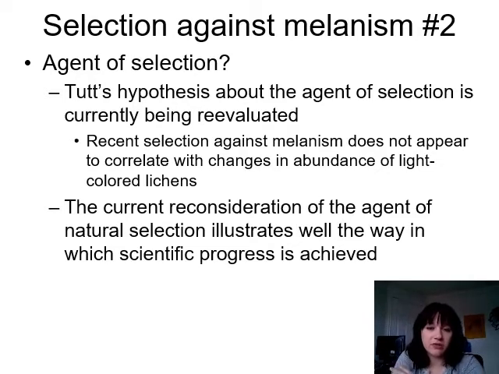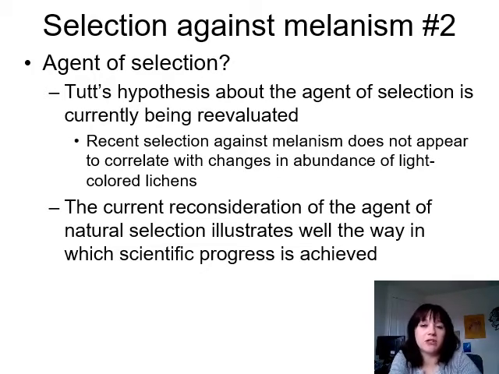So they've tried doing experiments with predators, looking to see if the light colored moths get eaten more than the dark and things like that, and they haven't been able to prove that. So there is still a connection. For some reason, in polluted areas, having a darker color is beneficial, but the reason why is not quite yet known. And this really is a good demonstration of the scientific method, right? We are constantly coming up with all these different hypotheses and trying to prove many of them wrong until we can only find one that makes sense.